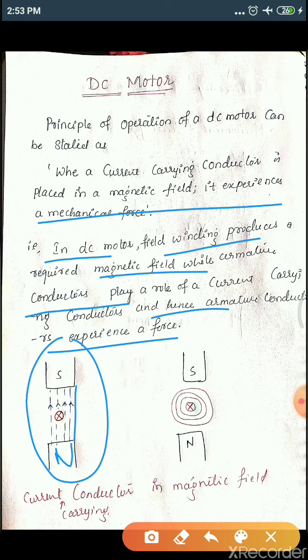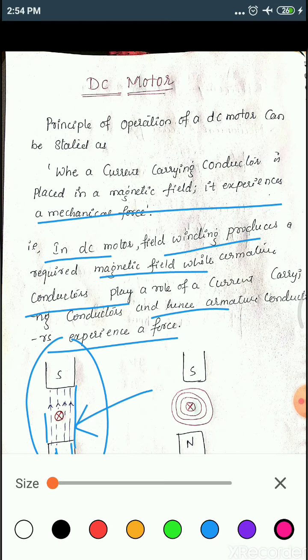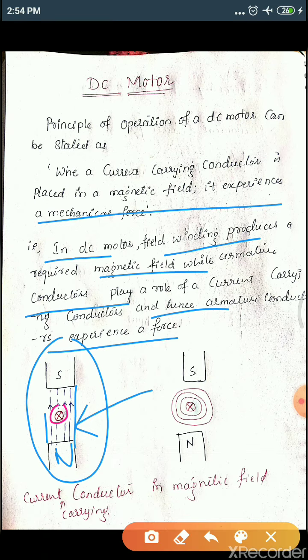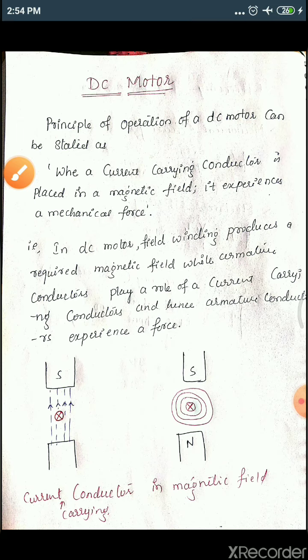The dotted lines are your flux or magnetic field, and the circle with a cross mark indicates your conductor. When supply is given to it, it is a current carrying conductor placed in a magnetic field, so it experiences a force, meaning it starts moving. It moves, means it starts rotating. That is your motor action.